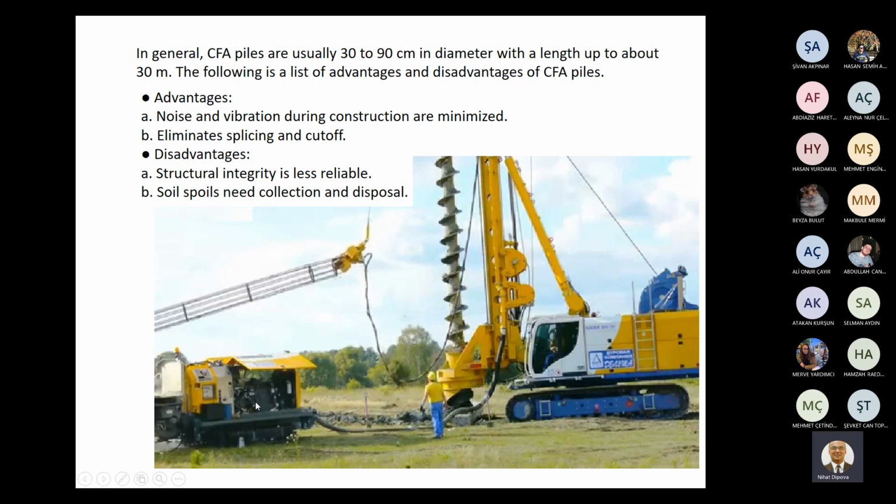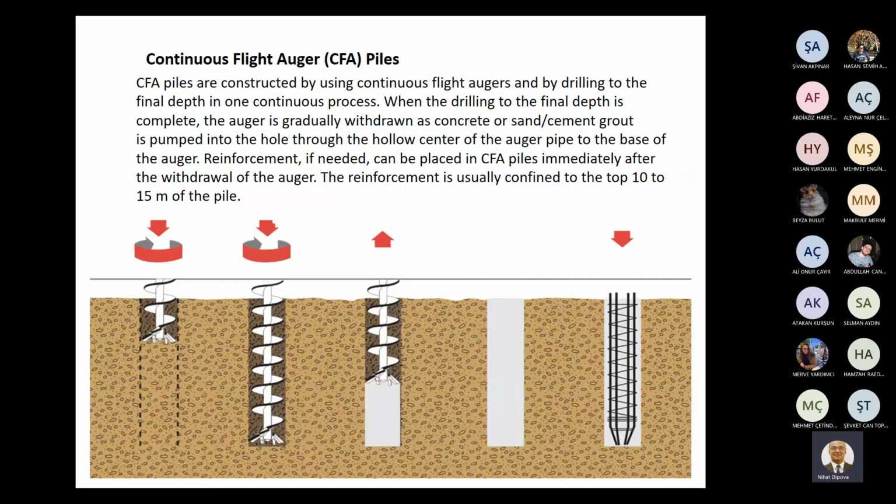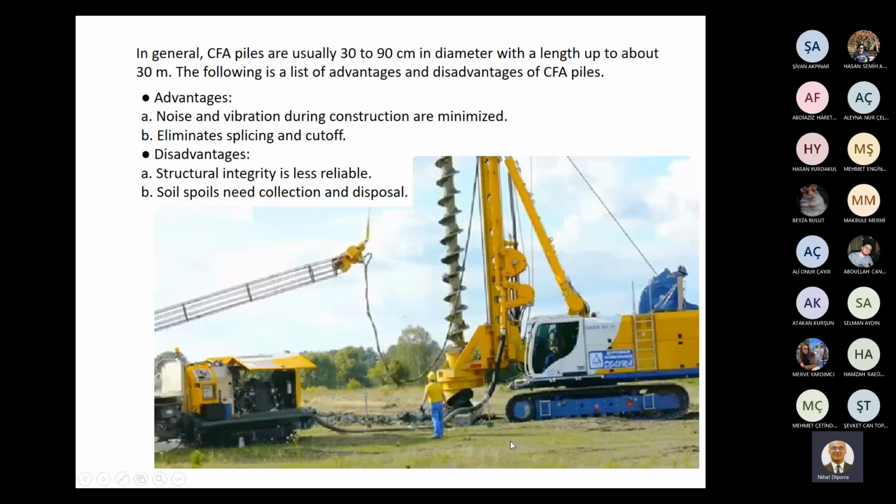It also eliminates splicing and cutoff, because we are making the hole and the concrete in the desired length. These two are advantages. Structural integrity is less reliable, and soil spoils need collection and disposal.